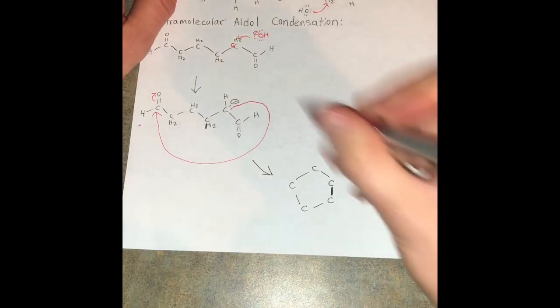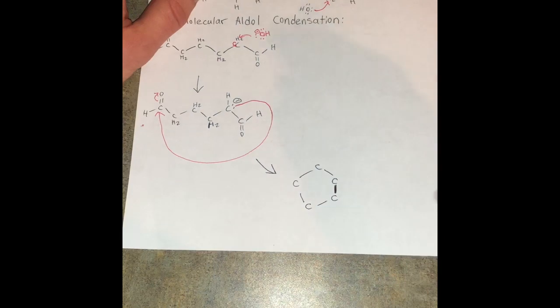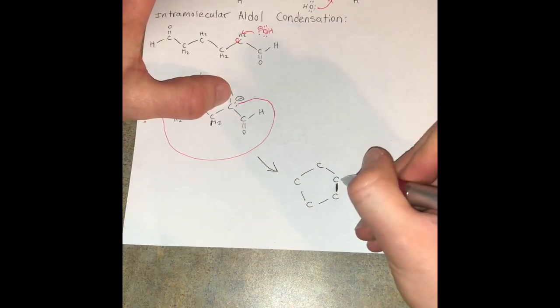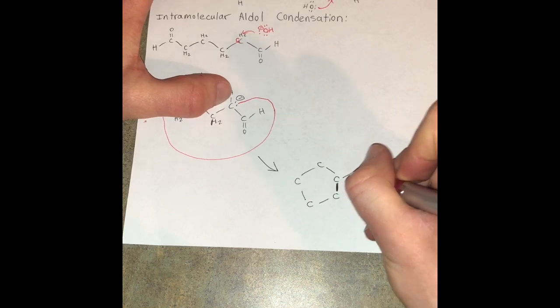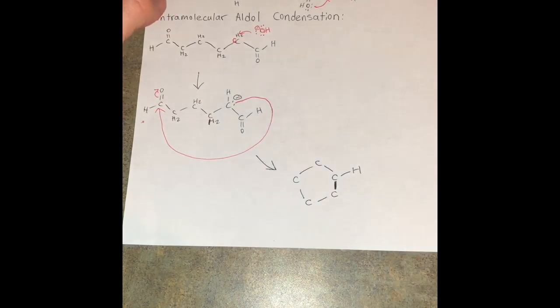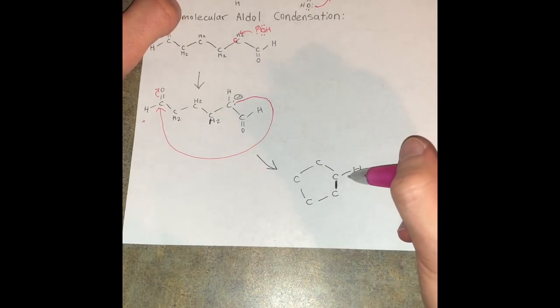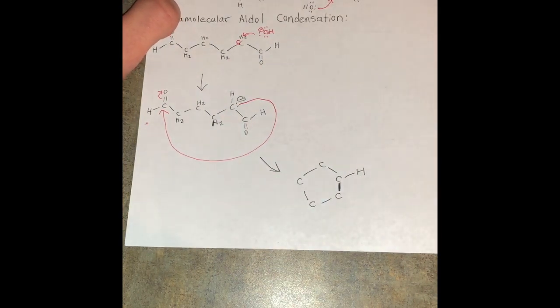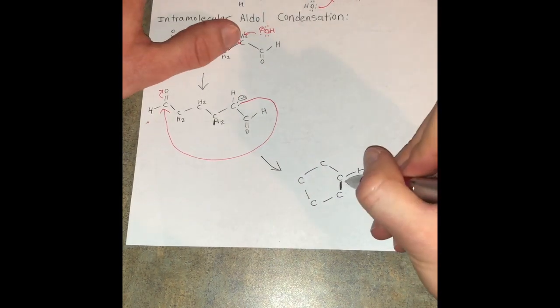So now if we call this top carbon the one that attacked, it does not have an O on it, but it has an H. And then it also has a bond that goes to this aldehyde group here.